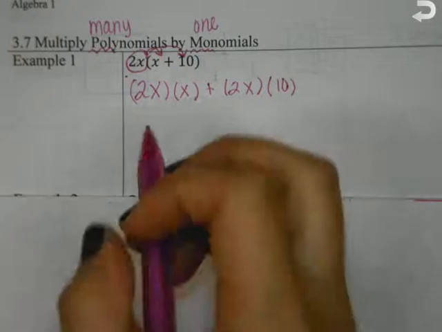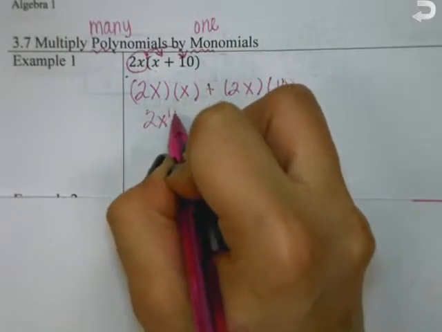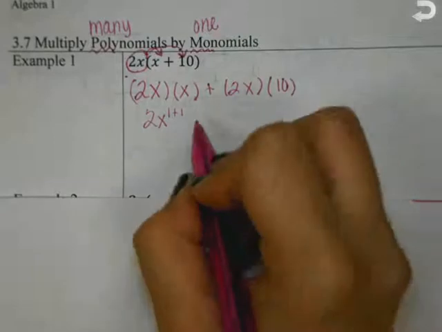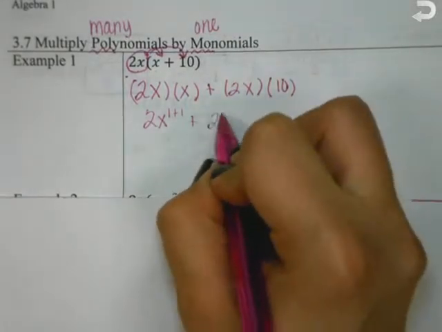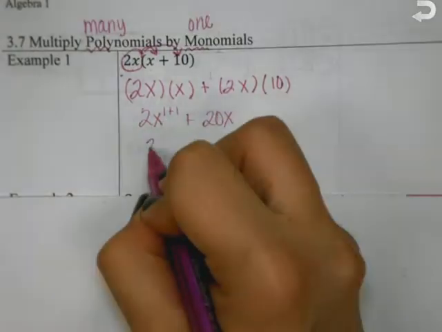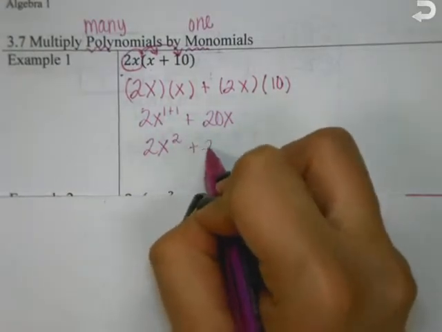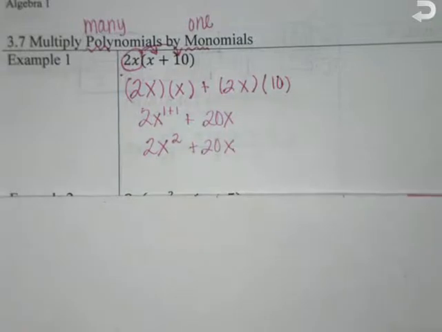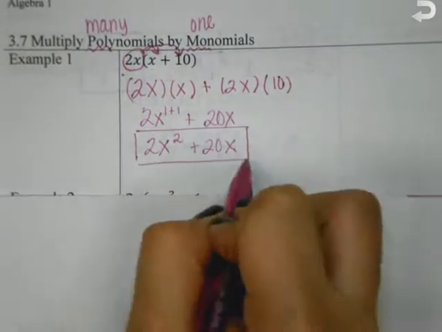We're going to add them. So this is 2 times x to the 1 plus 1 plus 2x times 10. What's that going to give me? 20x. So what does that reduce to? 2x squared plus 20x. That's your answer. We can't combine like terms and make it smaller, so that's your answer.